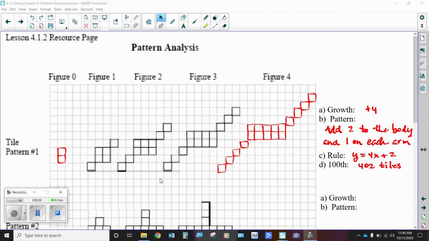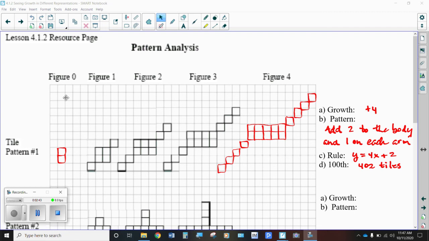Okay, so I don't have the completed version of lesson 4.1.2, but here is that very first tile pattern where you look at figure 1, figure 2, figure 3, you figured out how they were growing, and you created a rule for that situation, and then you created figure 0 and figure 4.